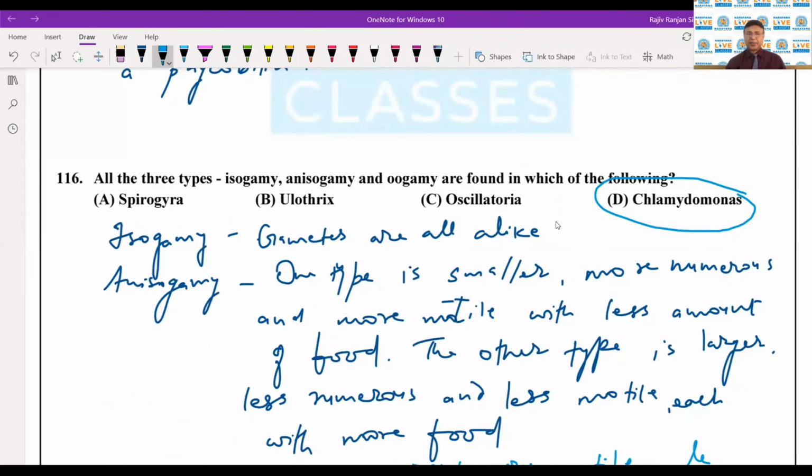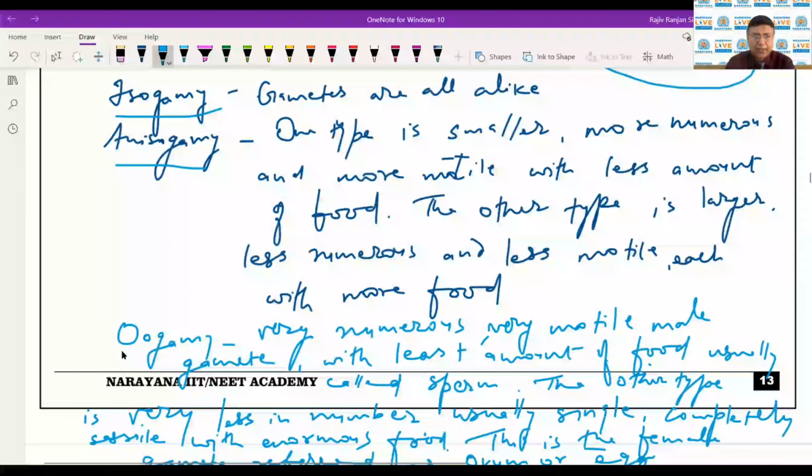Different species have got all the three types of conditions: isogamy, anisogamy, and oogamy. I'm just writing the names of the three species of Chlamydomonas.